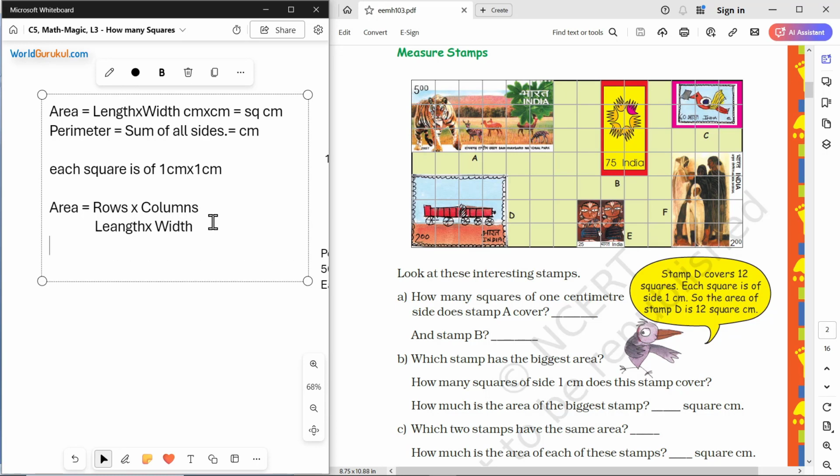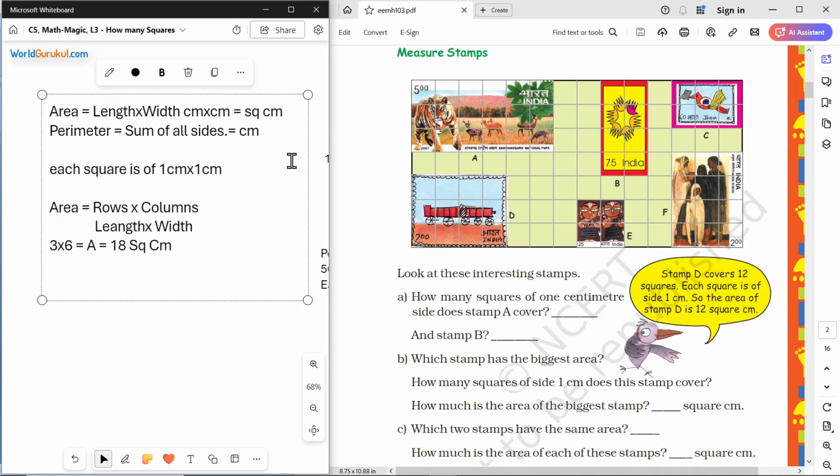Okay, in our case, stamp A has 1, 2, 3, these are the rows, 3 rows by columns. How many? 1, 2, 3, 4, 5, 6. 6. So now you got the answer. Stamp A is 6 by 3, is 18 square centimeters.